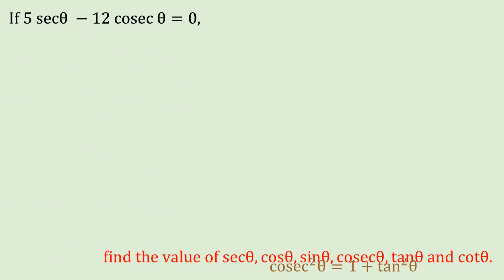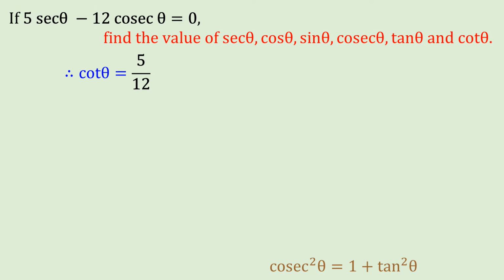So we have cot theta equals 5 upon 12. With the help of that we can get tan theta, because we know that tan theta equals 1 upon cot theta. So we get tan theta equals 12 upon 5.